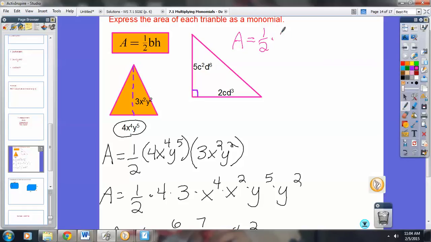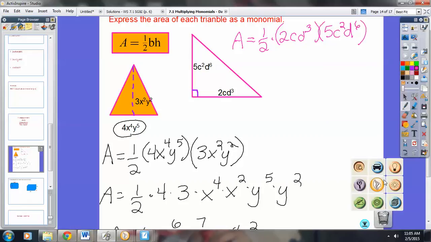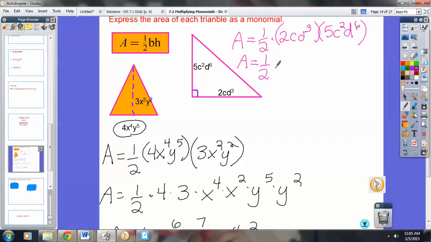Our base is 2cd cubed, and our height is 5c squared d to the 6th. Again, I might use my commutative property to rearrange.